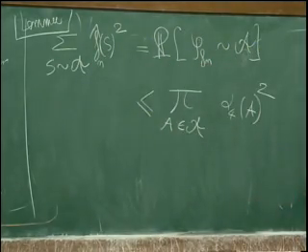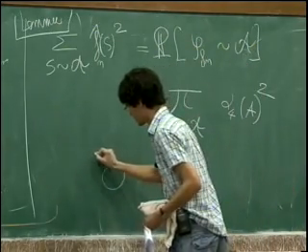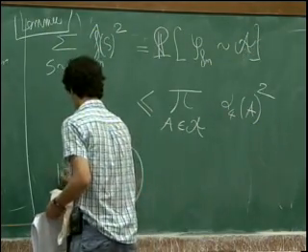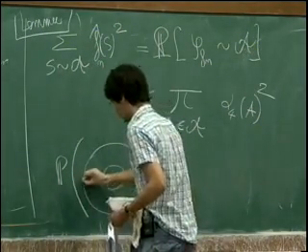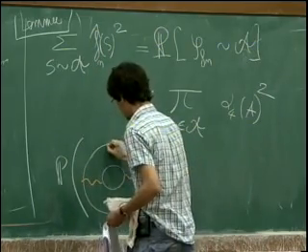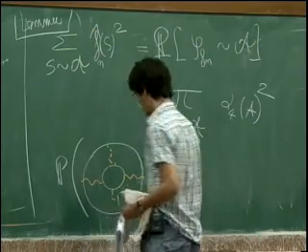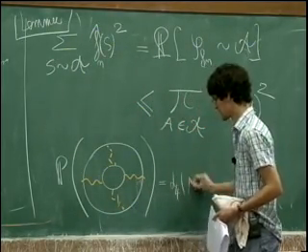So if you take an annulus A, like this, the probability that you have this, the usual 4-arm event from the inside radius to the outside radius, I'll call it alpha 4 of this annulus.